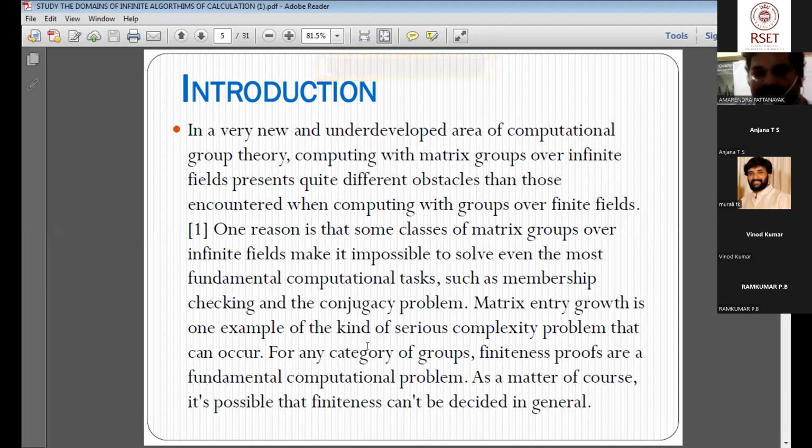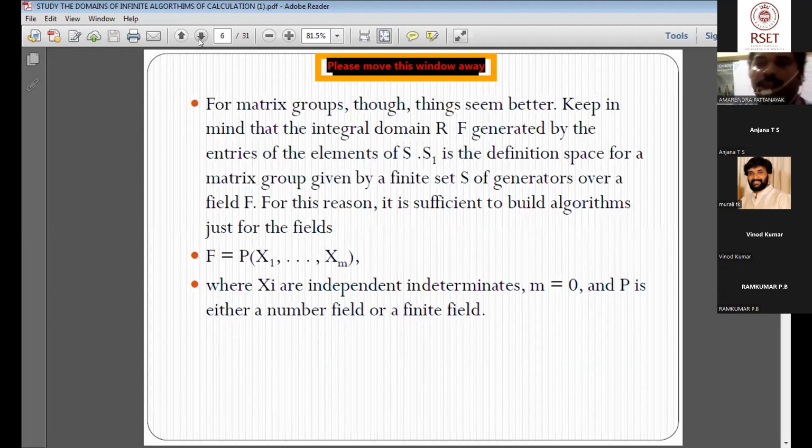For any category of groups, finiteness testing is a fundamental computational problem. As a matter of course, it is possible that finiteness cannot be decided in general. For matrix groups, though, things seem better.